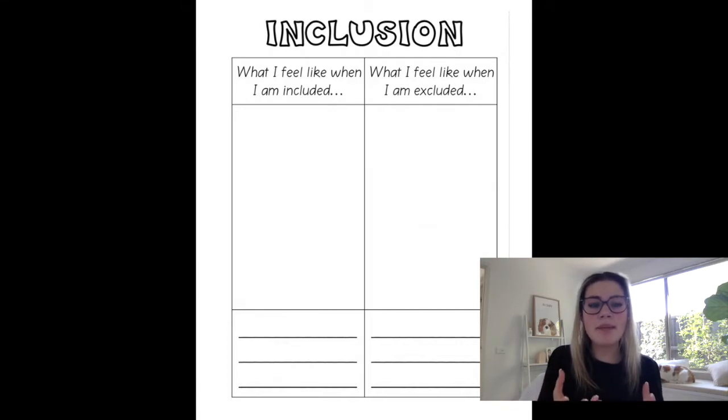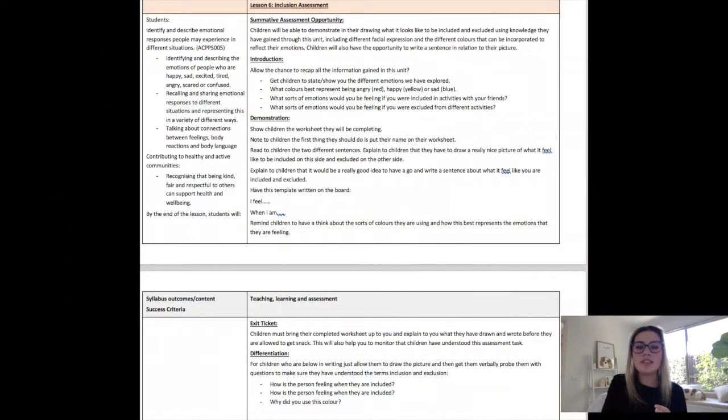Children have to draw a picture of what it feels like to be included and what it feels like when you are excluded. This helps to support students in showing the learning outcome of identifying and describing emotions of people and being able to represent different emotions that take into consideration the different responses that people feel in different situations.